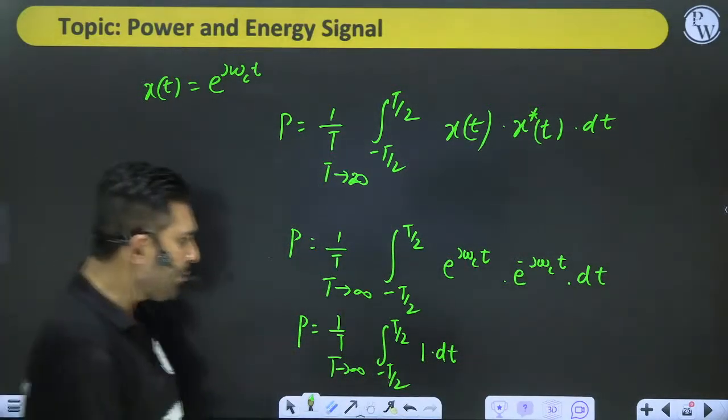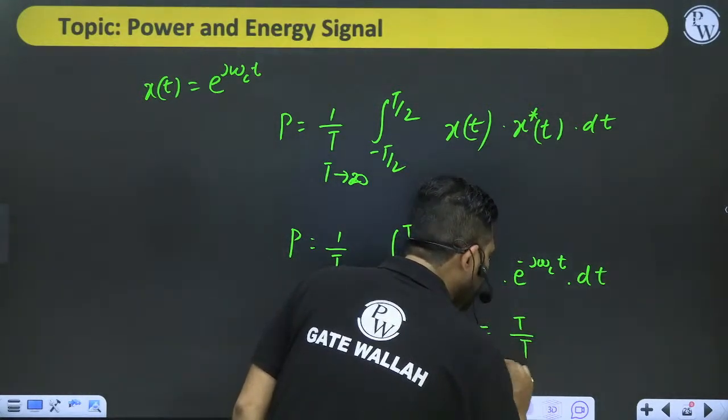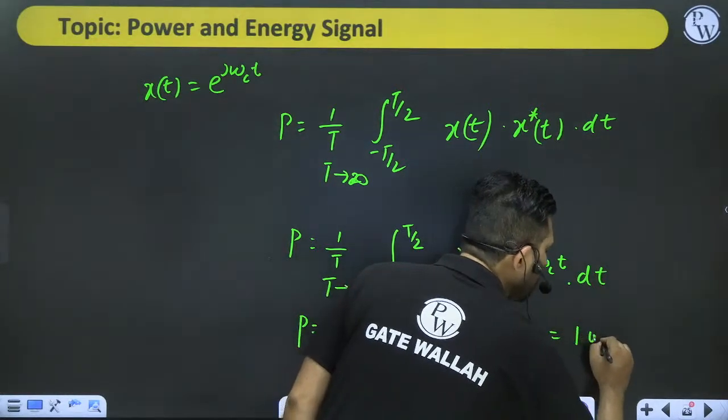Now when you solve this limit, you will get T over T with T tending towards infinity, and hence it is 1 watt.